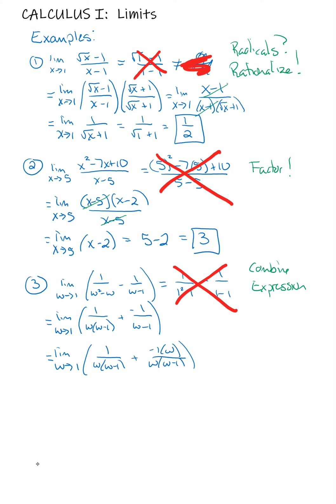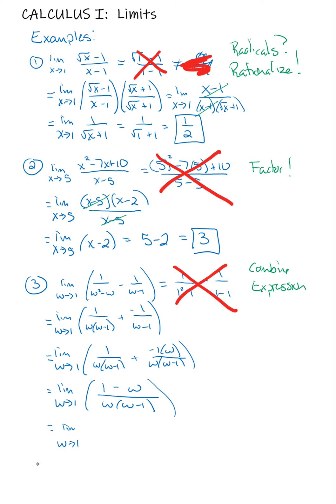And so putting these together, we have in the denominator w times w minus 1, and then in the numerator 1 minus w. Now, nothing reduces like it is. However, I see that if I factor out a -1 in the numerator, now I'm not multiplying by -1.